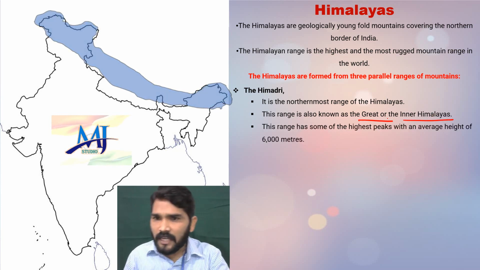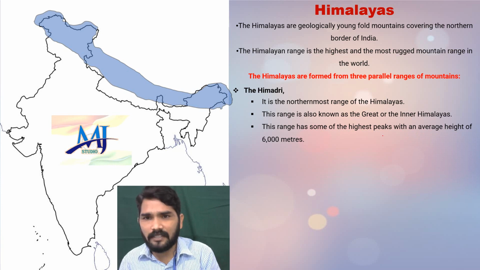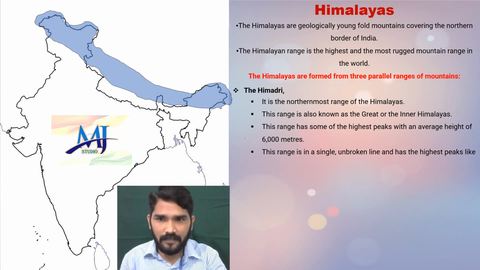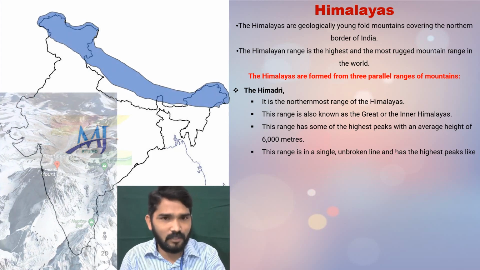This range has some of the highest peaks, with an average height of 6,000 meters. I will show you what those highest peaks are a little later. This range is a single and unbroken line.